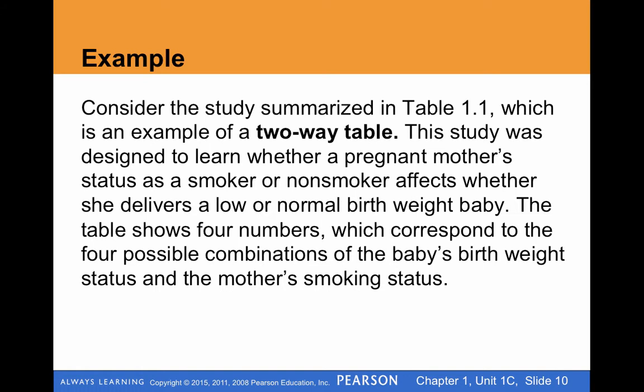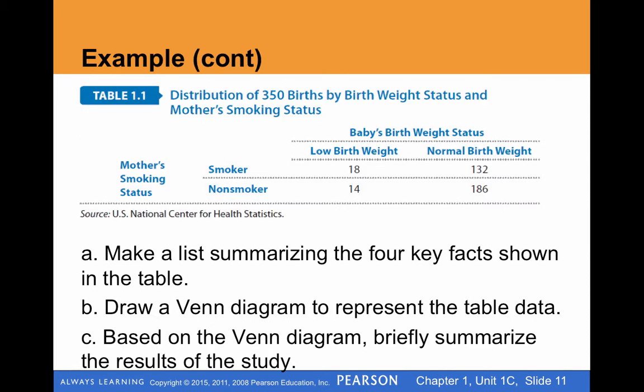So they looked at 2 things: was the mother a smoker or not, and was the baby a low or normal birth weight. So there's really 2 questions that they asked, which gives 4 different regions. Yes or no for the first question, and yes or no for the second question gives us 4 different regions, and we'll see that in a table.